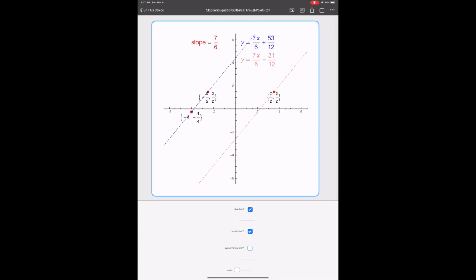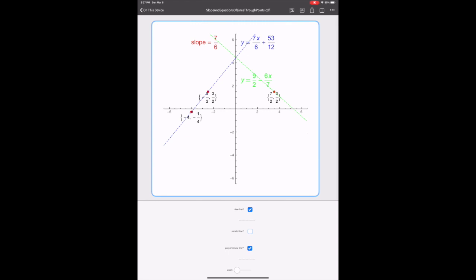When we're writing equations for perpendicular lines, I want us to first look for the blue line. The slope is 7/6. That's the coefficient of x. For the green line, if we look for the coefficient of x, the slope is negative 6/7. So think about what you notice about those two slopes, 7/6 and negative 6/7.